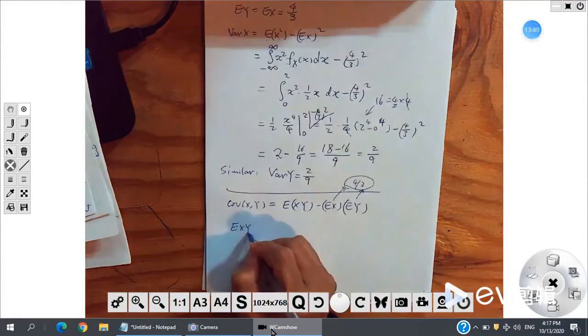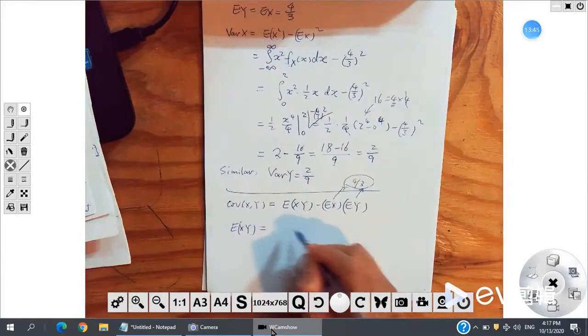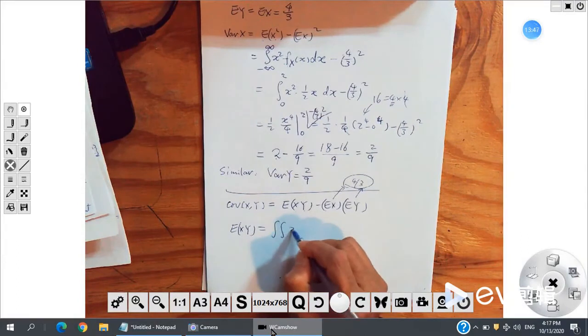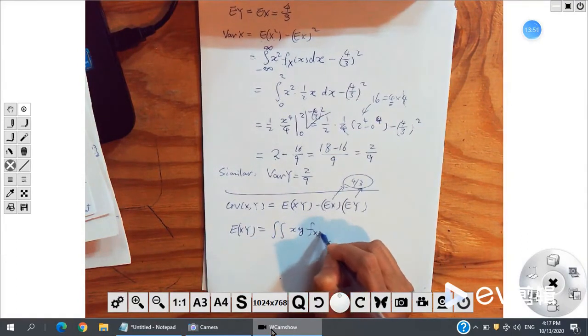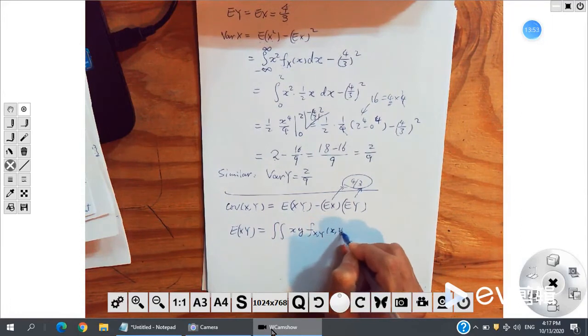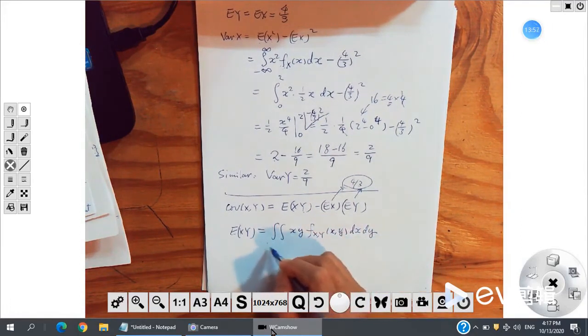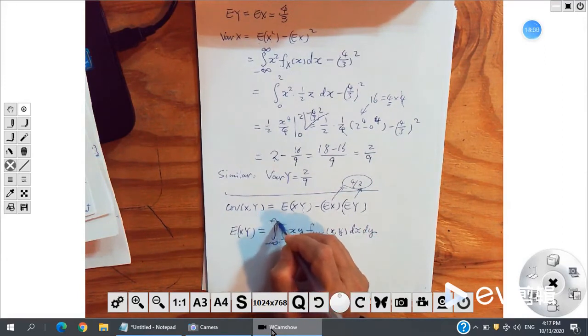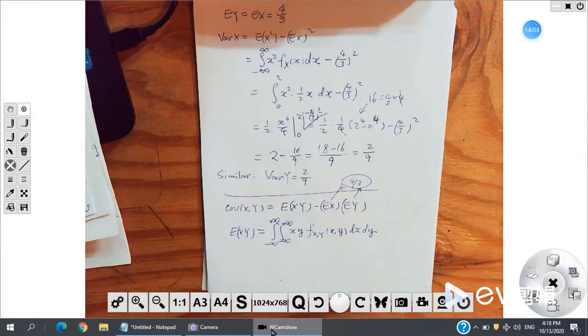E[XY], because this is continuous type, right? So this is the integral of x and y times the density function f_XY of x and y, then dx dy. Both x and y run from negative to positive infinity.